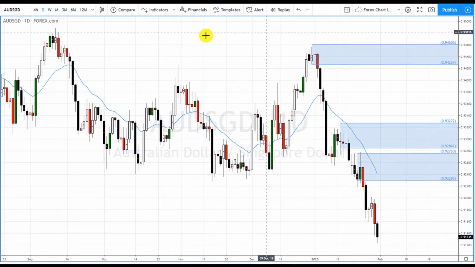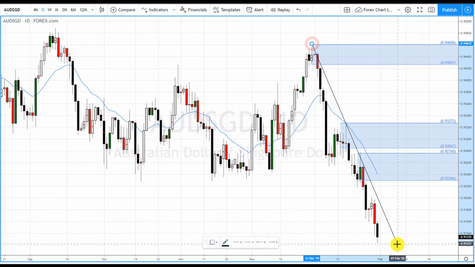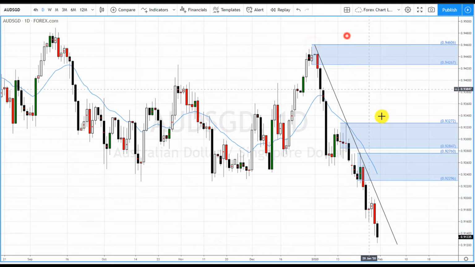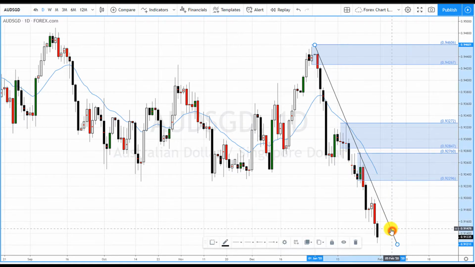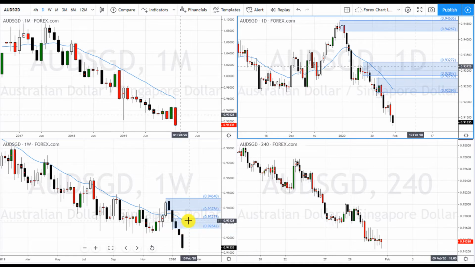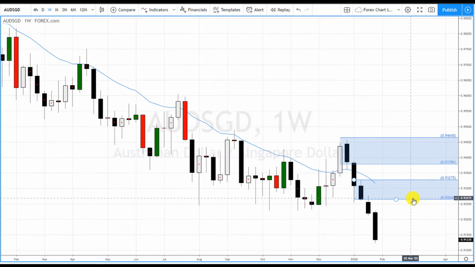So you can draw this trend line. It's super overextended. So most likely you want to wait for this zone up here, because this zone is located here, and here you have this EMA line that's acting as floating resistance too.